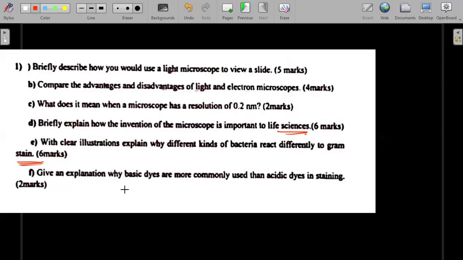So why do you think we use basic dyes rather than acidic dyes in staining?